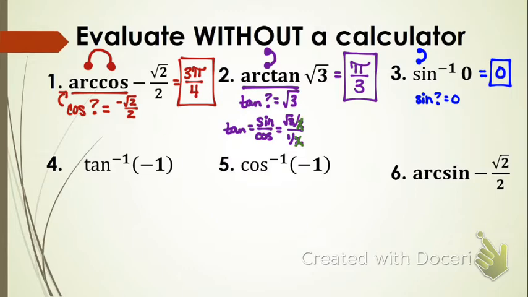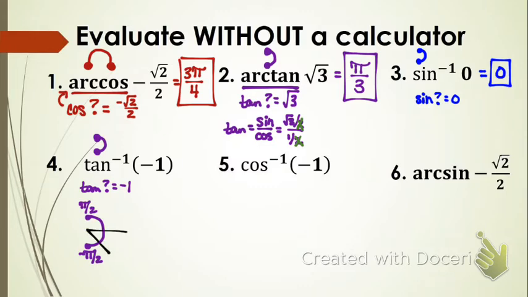Tangent. Where am I looking? 1 and 4. So tangent of what is equal to -1? Is it 7 pi? Yes, except negative pi over 4. Because remember, when we're talking about the right-hand side, we're going from negative pi over 2 to pi over 2.